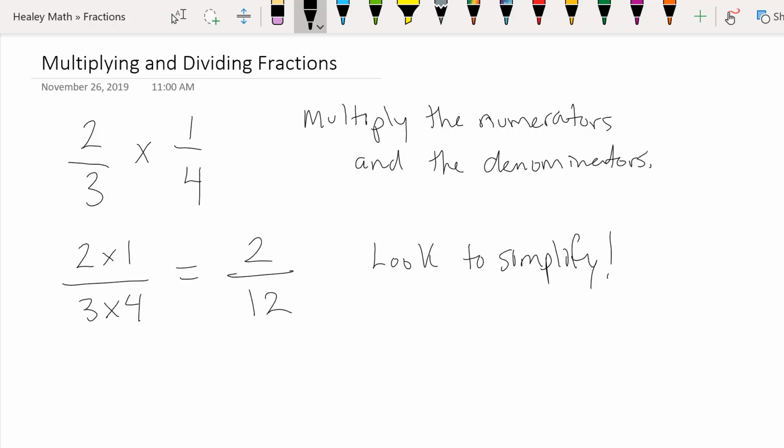And you can ask yourself, can I divide the top by something and the bottom by something to get an even number? If I divide by 2, then our new fraction is 1 over 6. And that is our answer. So when we multiply, we simply multiply the top numbers and we multiply the bottom numbers.